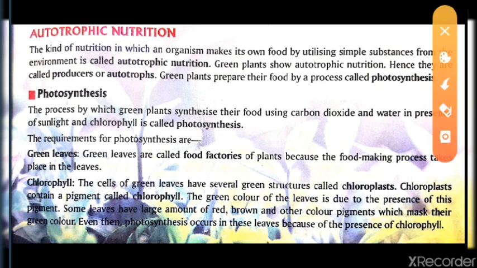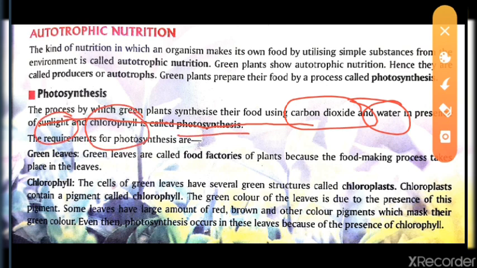In the first line it is written, the process by which green plants synthesize their food by using carbon dioxide, water, sunlight and chlorophyll is known as photosynthesis. So I had already told you, CO2 plus H2O in presence of sunlight and chlorophyll.